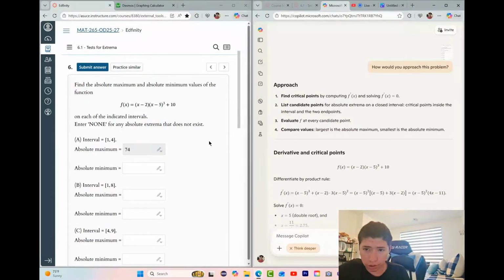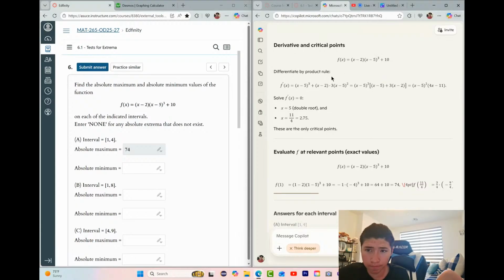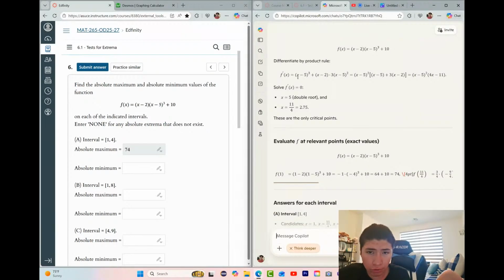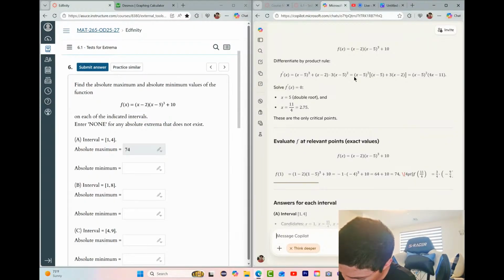So now when this equals 0, so wait, by computing f prime of x and solving, list candidate points. Yeah, so we have that. Differentiate by product rule. Oh yeah, right. We can factor x minus 5 to the power of 2.